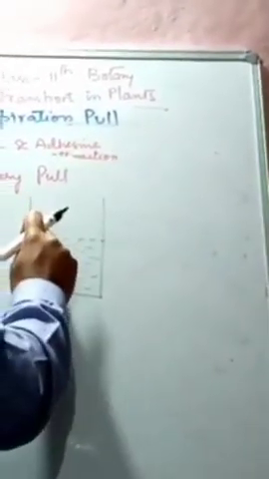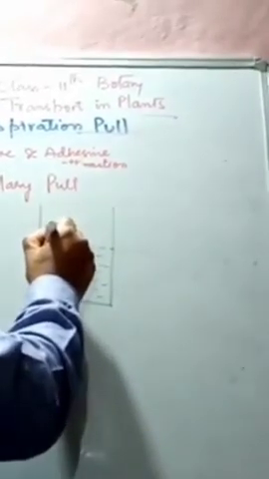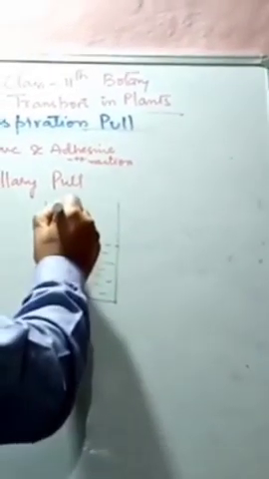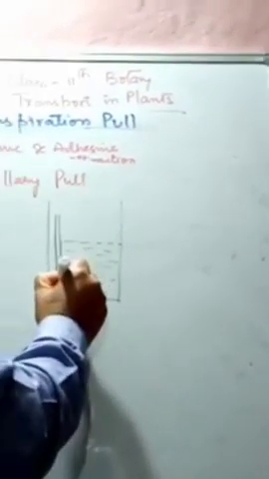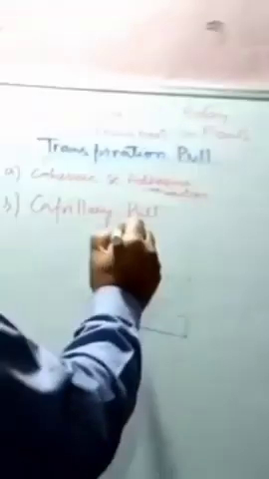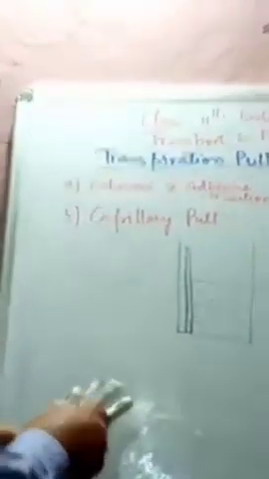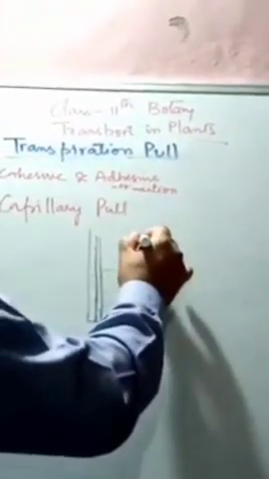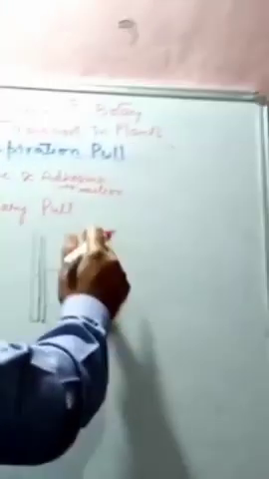For example, this is the thin wall, thin capillary tube, this straw we put in. And another one I put in is somewhat thick.